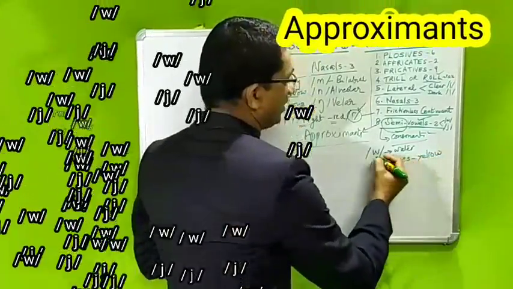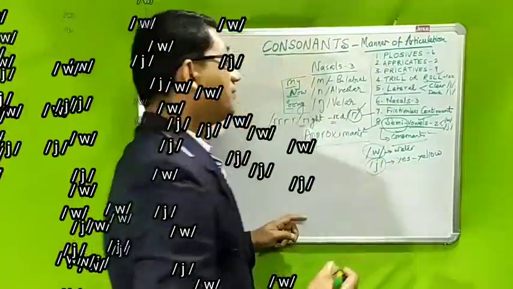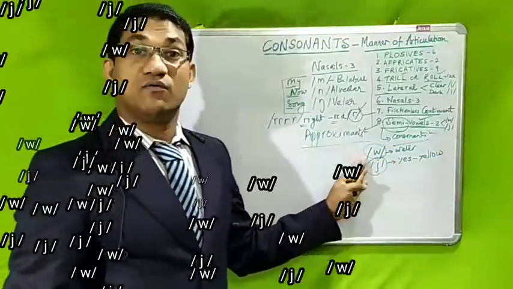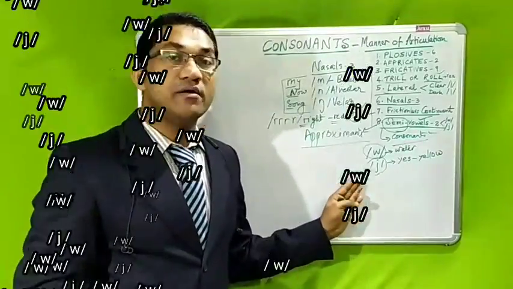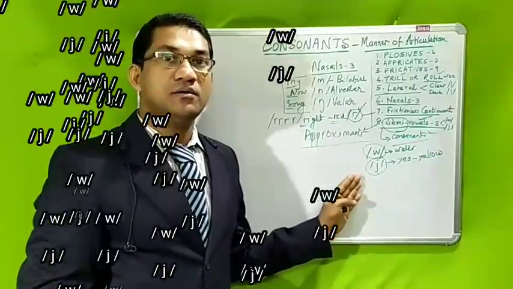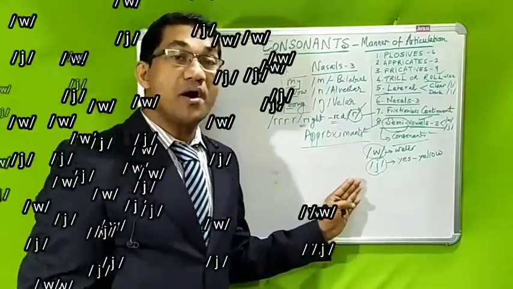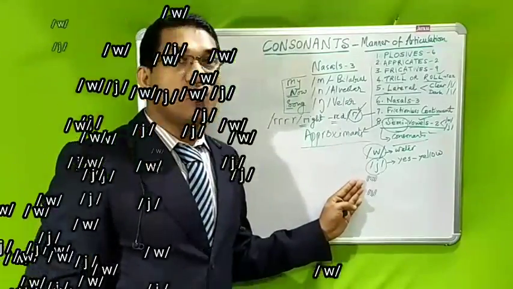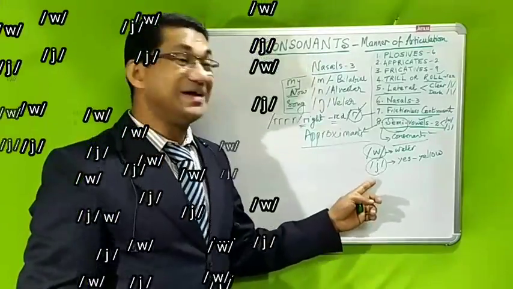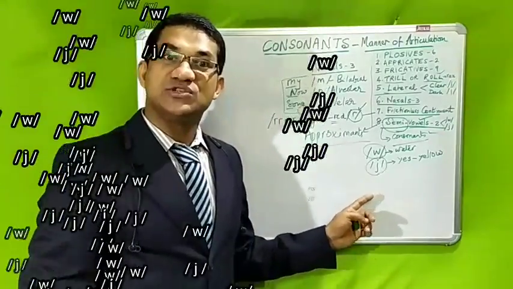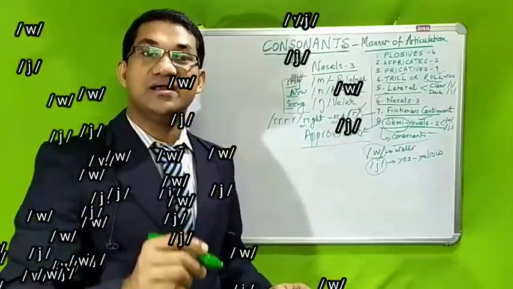So these are the semivowels or approximants. We have w in water, wonder, why, what, when, where, wonderful, water. So also y. So they are gliding sounds.